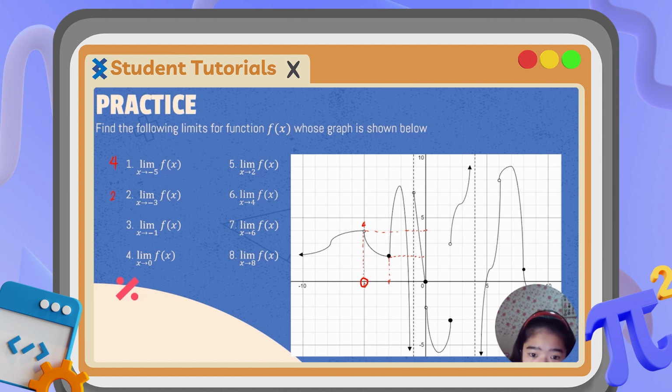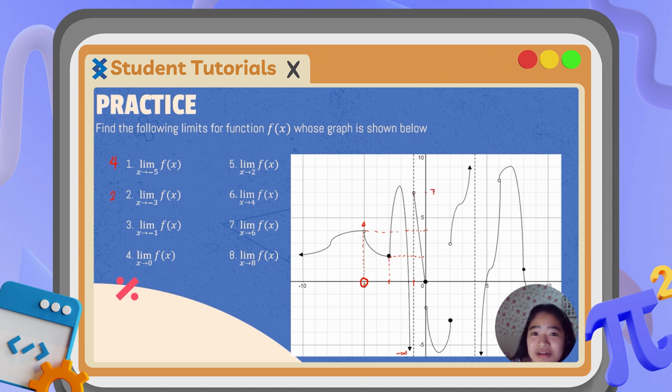Next, when x is -1, that would be around here, and the function is approaching two different things at x = -1. On the left side we see that it's approaching -infinity, and on the right side we see that it's approaching about 7.